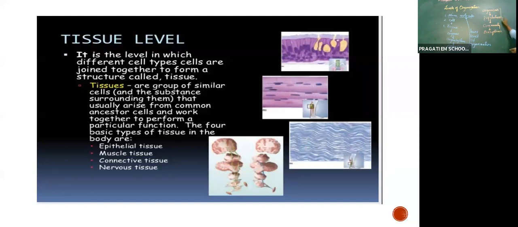It tells us about many organisms, a group of organisms. In the lower level of organization, it deals with only a single individual.